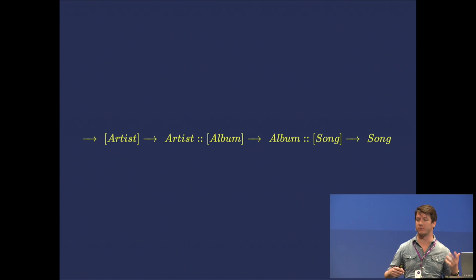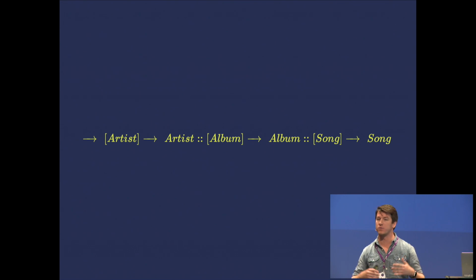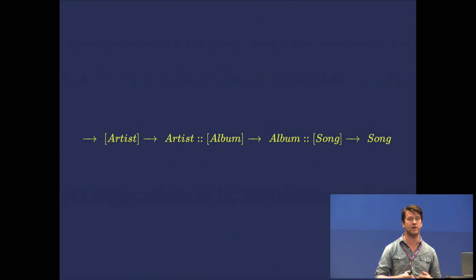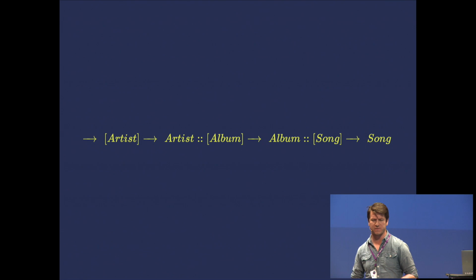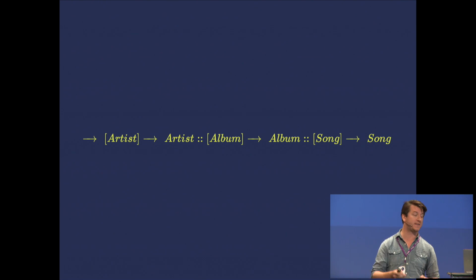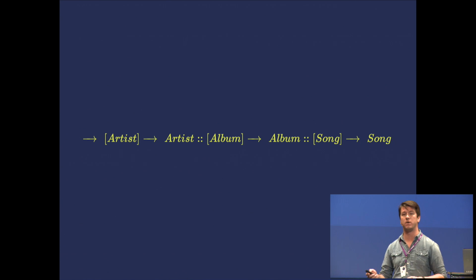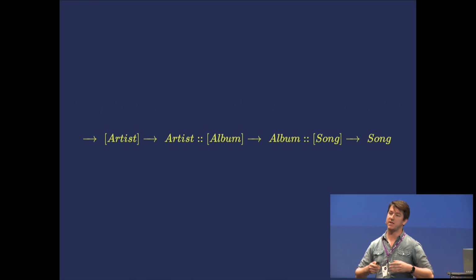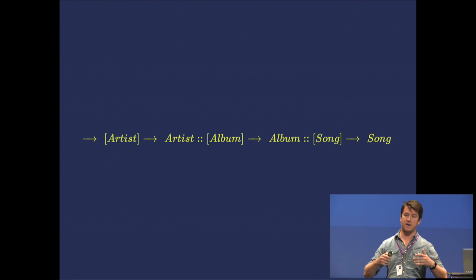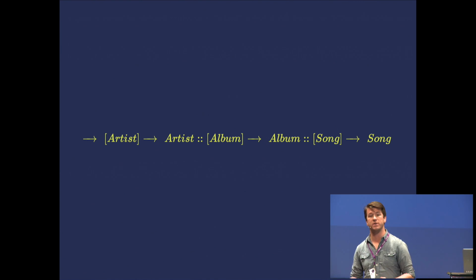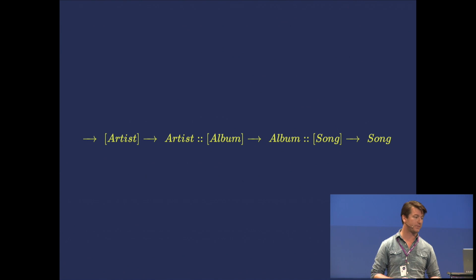Consider the flow of a potential music application where we have an array of artists, and we choose one, and we move on to that artist's albums, and from an album to a song, and diving down into a song. This left to right flow of information helps give us more of a view of what the source of truth is inside of our application.